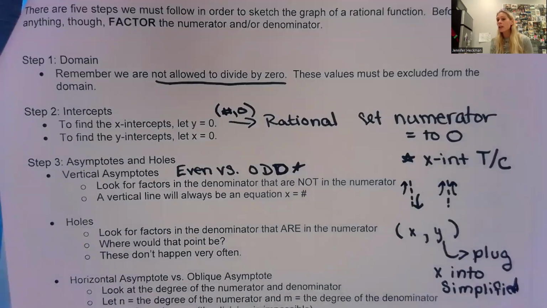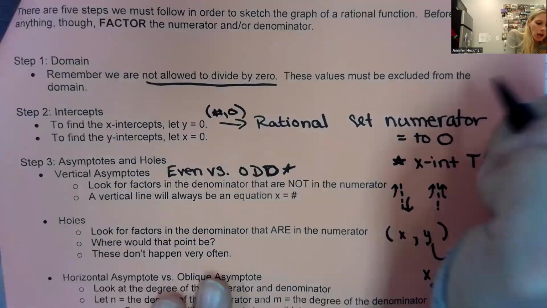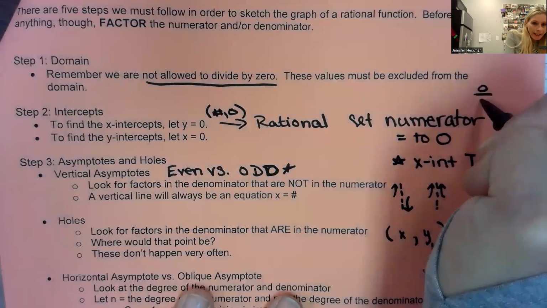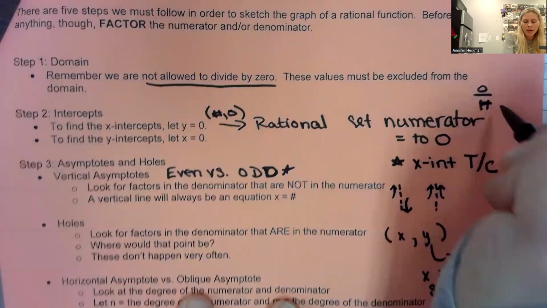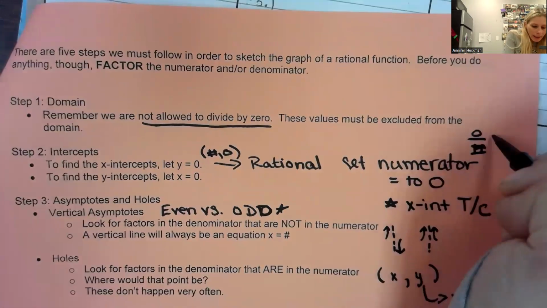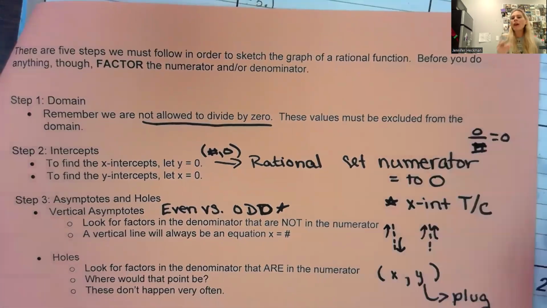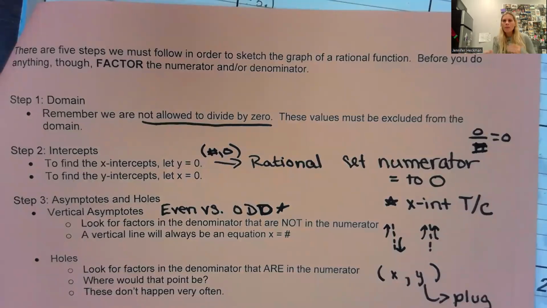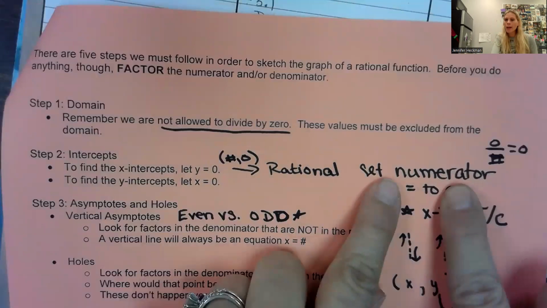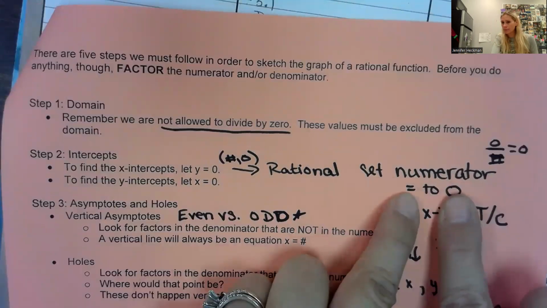Those are all zeros. What is consistent? That the numerator equals 0, right? Because 0 over any number equals 0. So when we're finding the x-intercepts for a rational function, just set our numerator equal to 0 and solve.